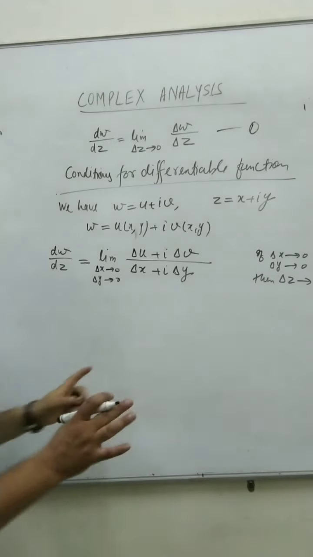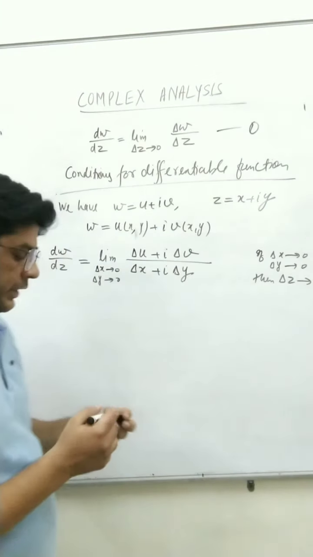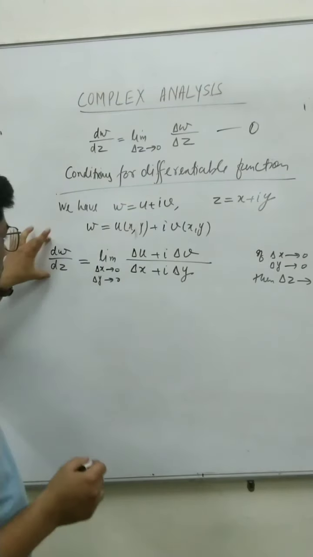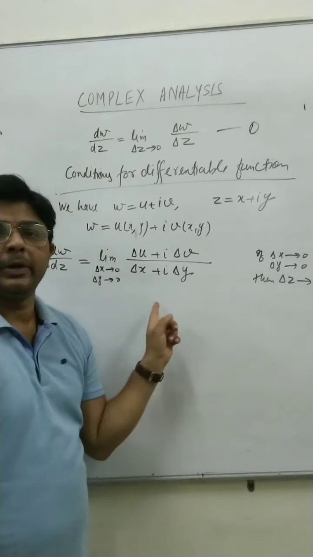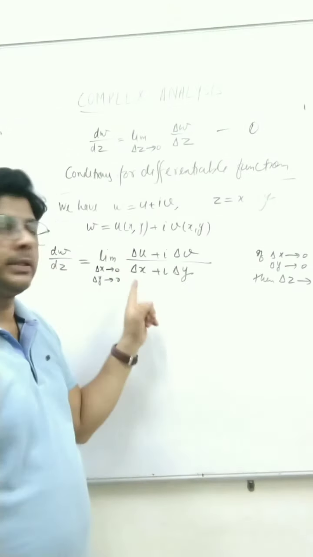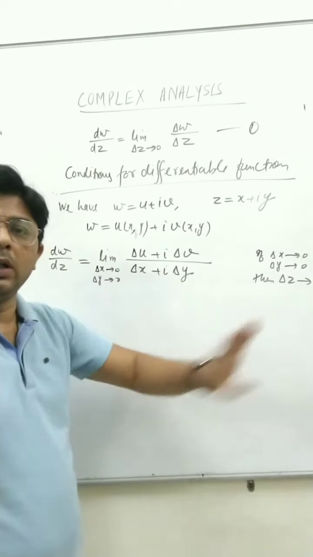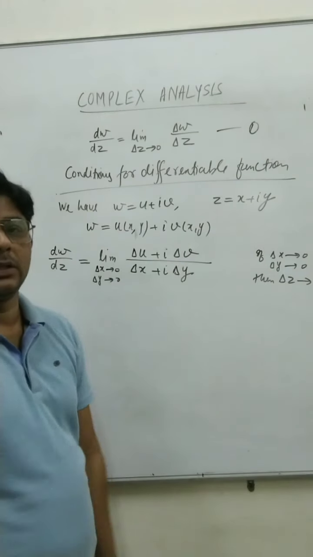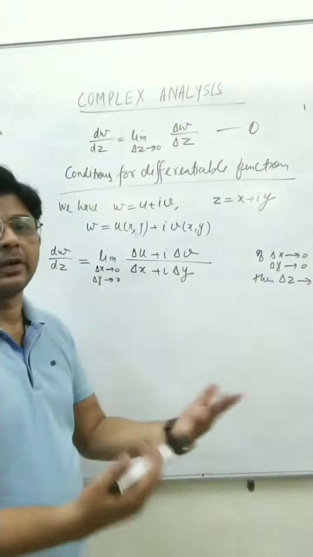Now we know that the definition of the derivative is dw/dz, and here we have a limit. The limit should exist only if we move from all directions and the value of the limit is the same. So here we consider different directions.